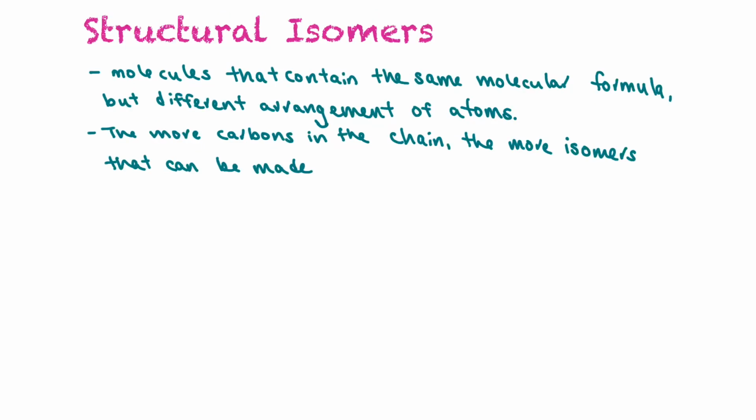Structural isomers are molecules that contain the same molecular formula, but have a different arrangement of their atoms. The more carbons you have in a chain, the more isomers or rearrangements that can be made. We'll draw 2 examples here. The first one is pentane. We'll draw our 5 carbon chain like so. Fill in all the hydrogens.